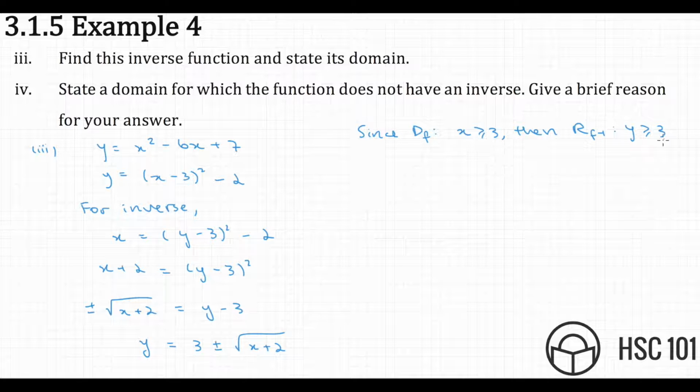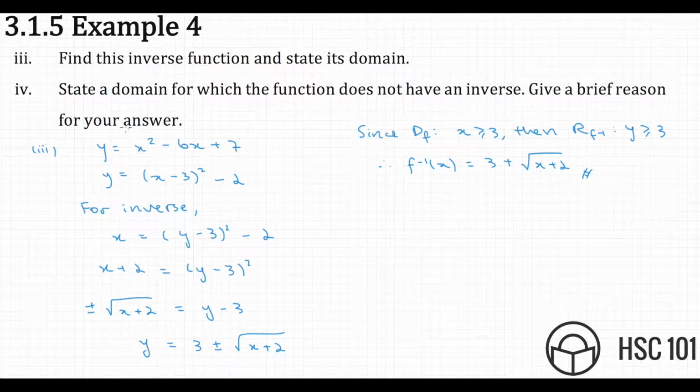Since the range of the inverse is y larger than or equal to 3, it makes sense if the equation of the inverse is 3 plus the square root. So the inverse function is given by 3 plus the square root of x plus 2. If we took the other half, 3 minus the root x plus 2, the range of the inverse would not be y larger than or equal to 3. Okay, so that's what we've got for part 3.